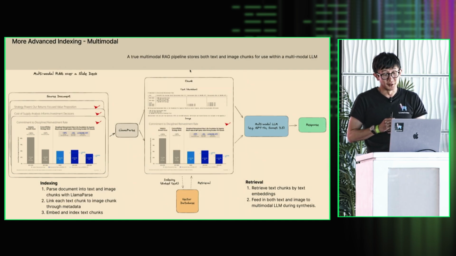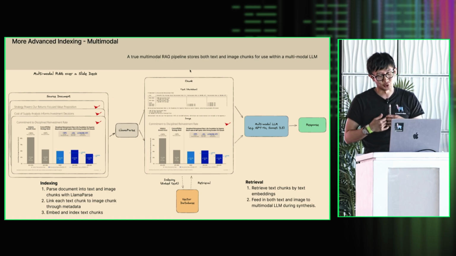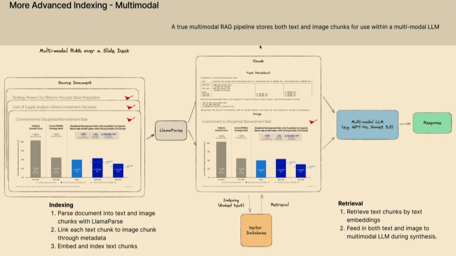Another trend towards more advanced RAG is multimodal RAG. This is enabled first by a parser like LlamaParse, which can return both text and image chunks. If you have a very visually rich document, you might want to maintain the document itself as a bunch of image screenshots versus a bunch of text.